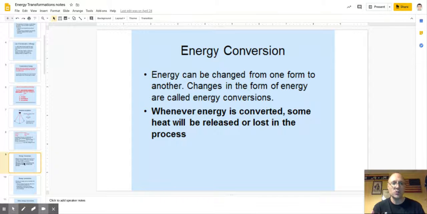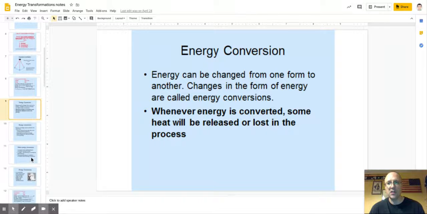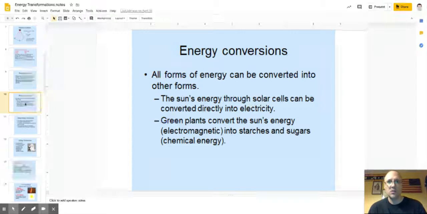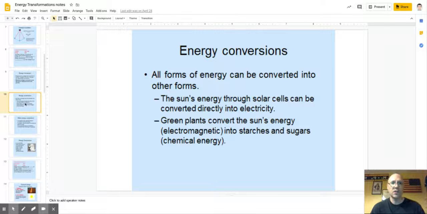Is it safe to use? And is it the most efficient type of energy conversion that we have to be able to accomplish the job that we're using? And also it considers what is available forms of energy.